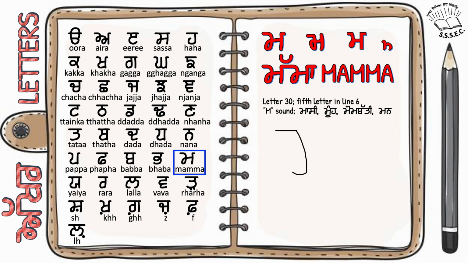Mama. And this loop, I'm making it really obvious here, but when it's a typed, computerized font, it might not be so obvious. But usually it's a bit bigger, like in this font over here. Mama.